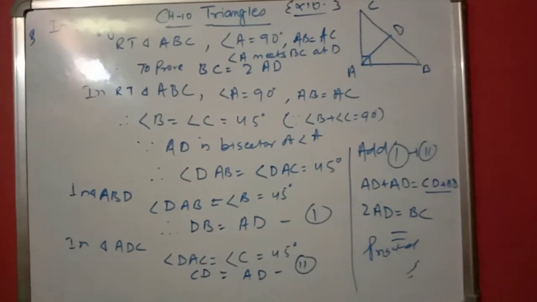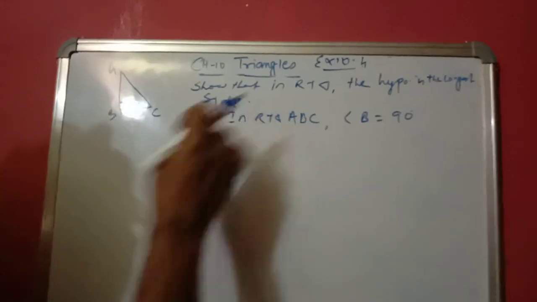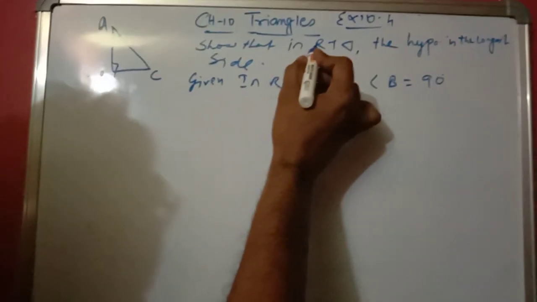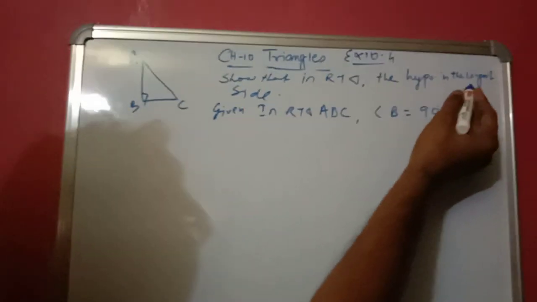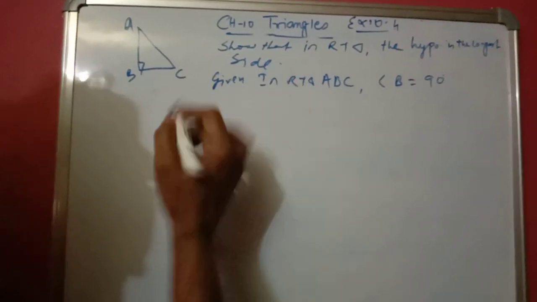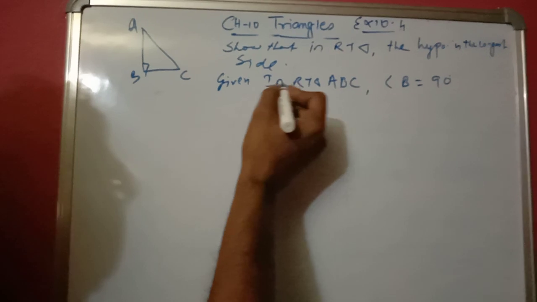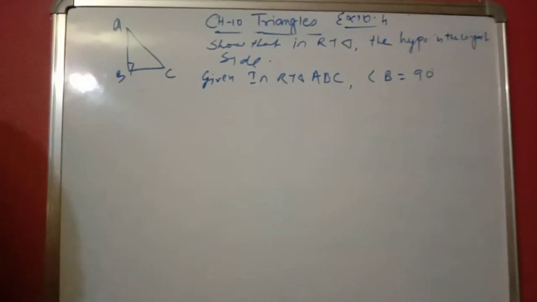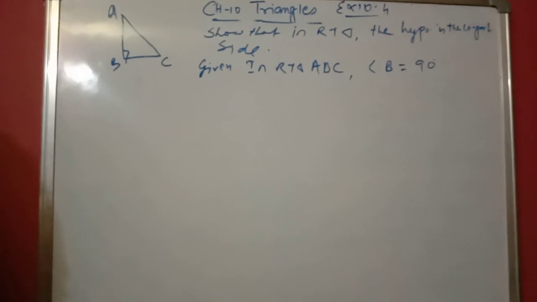Now next question. In this question it is given that this is inequalities. We have to show that in a right angle triangle the hypotenuse is the longest side. It is given in right angle triangle ABC, angle B is 90 degrees.